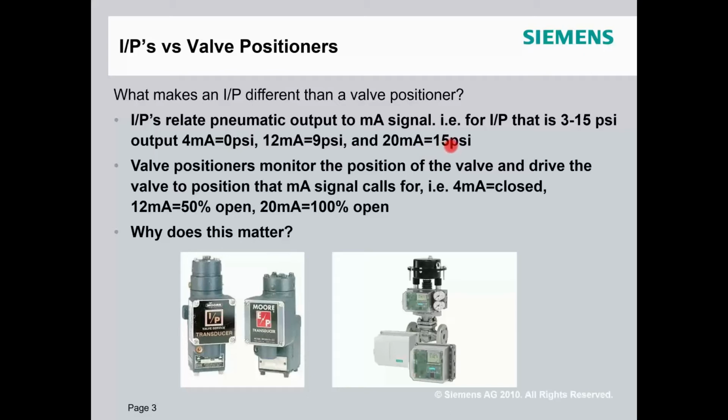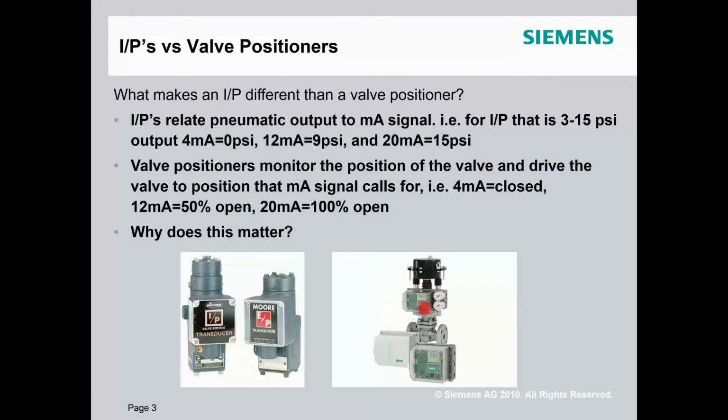And really, one of the bigger differences in a valve positioner, which would be one of these guys, is it still takes that 4 to 20 in and sends a pneumatic signal out to the valve to open and close it. But a valve positioner actually monitors the position of the valve itself.